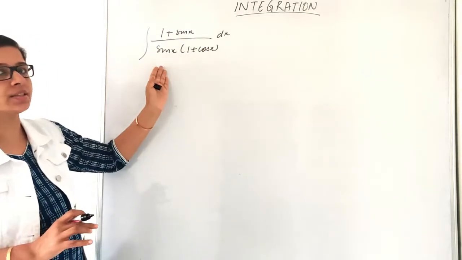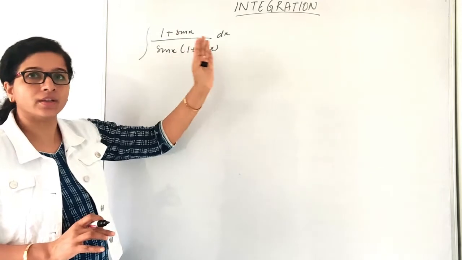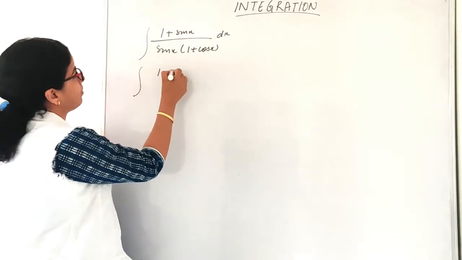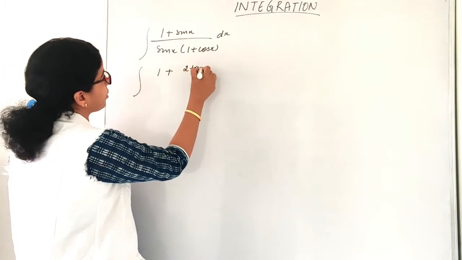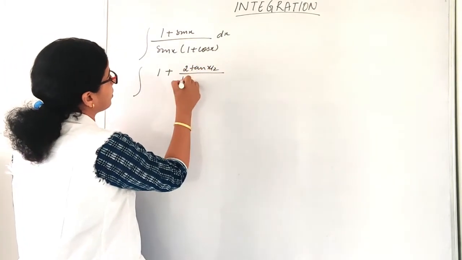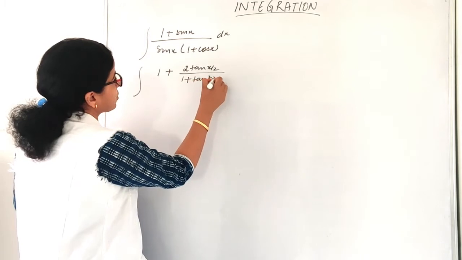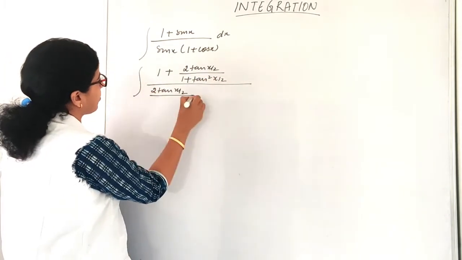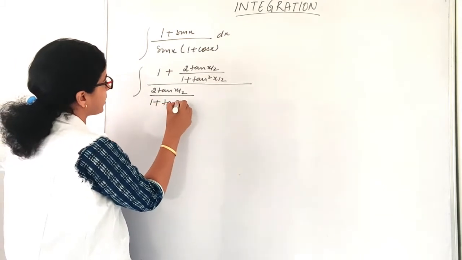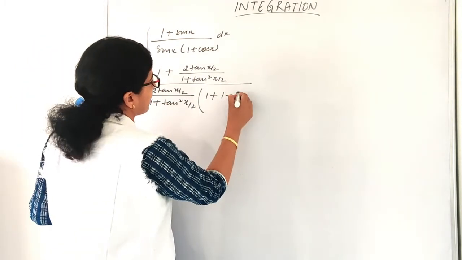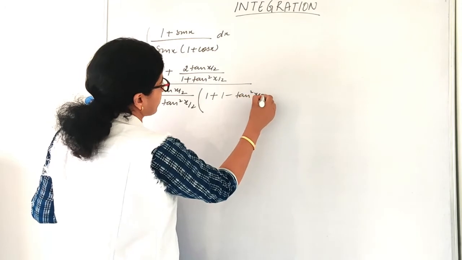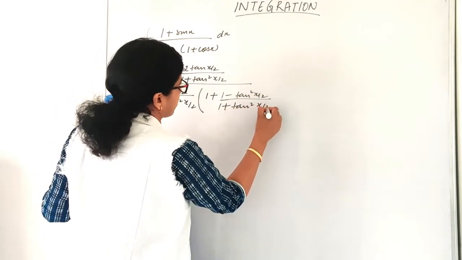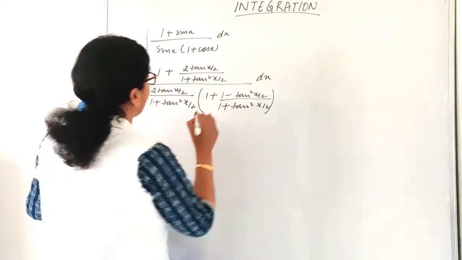So now let us take this question, 1 plus sin x upon sin x into 1 plus cos x. Again we will replace sin x and cos x by the submultiple formulas. So 1 plus 2 tan x by 2 upon 1 plus tan square x by 2, upon 2 tan x by 2 upon 1 plus tan square x by 2, into 1 plus 1 minus tan square x by 2 upon 1 plus tan square x by 2, dx, right?